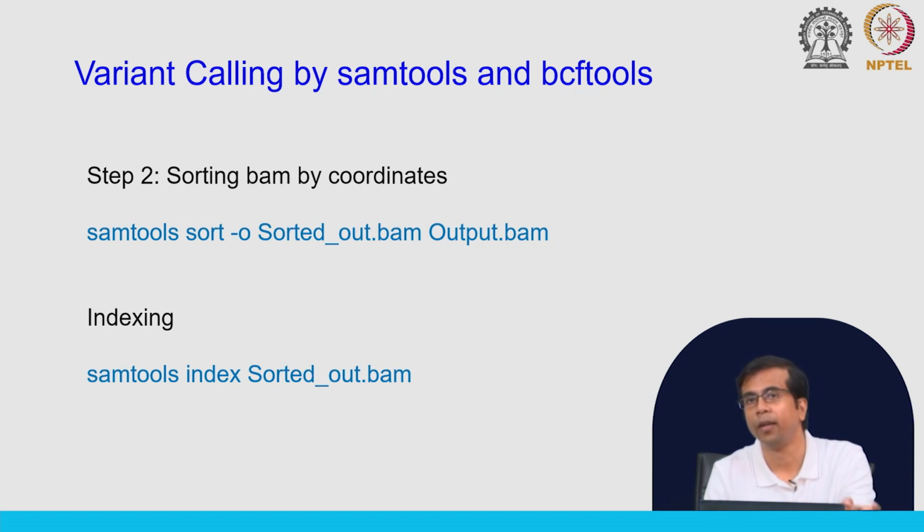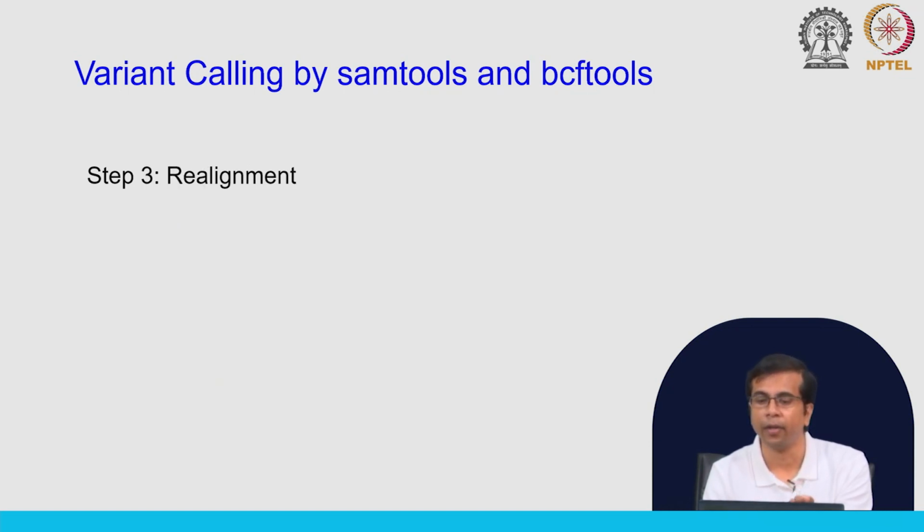You will see in a moment. The realignment program will require this index file of the BAM files. So, we will use this sorted_out.bam for our realignment purpose. In addition, if you want to visualize these BAM files, if you want to see these alignments, this mapping against the reference genome, you also need the index file.